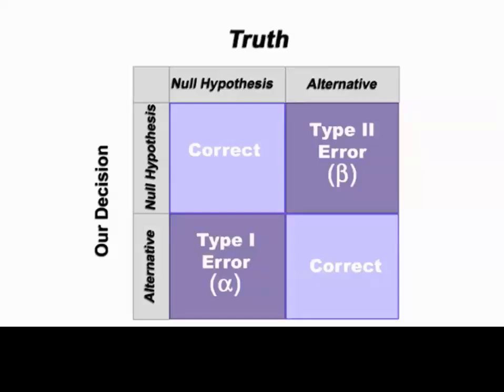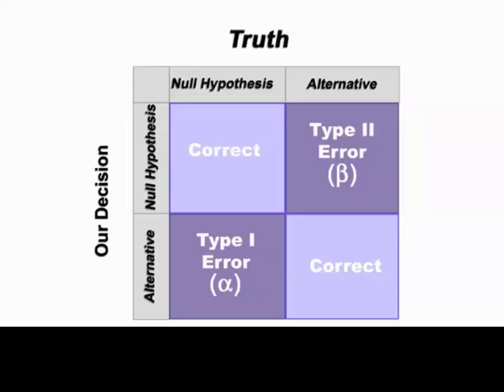Our decision is for the null hypothesis, so we made the correct decision. And then down in the lower right, the truth is that the alternate hypothesis is true, and our decision is for the alternate. So again, we've made the correct decision, this time we've rejected the null hypothesis, but we've done so correctly. So this is where we want to be most of the time, but it's unrealistic to think we're always going to be there.